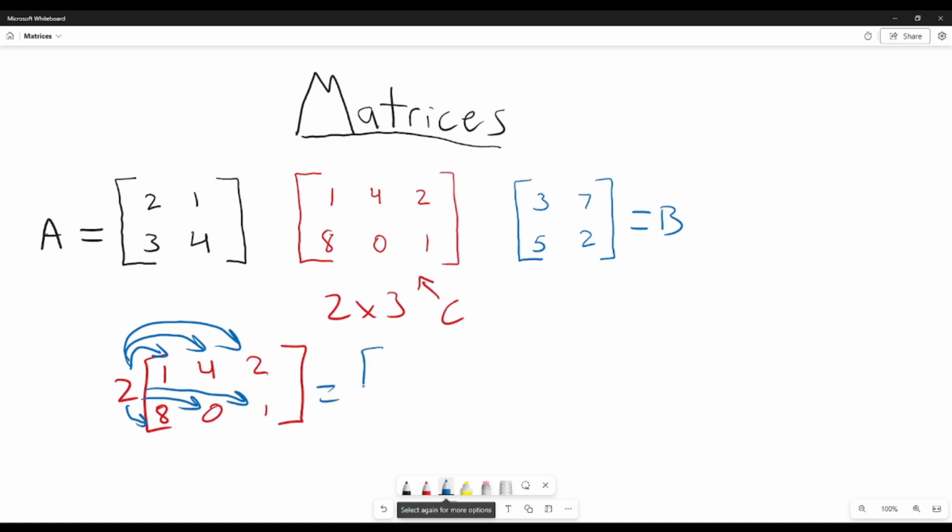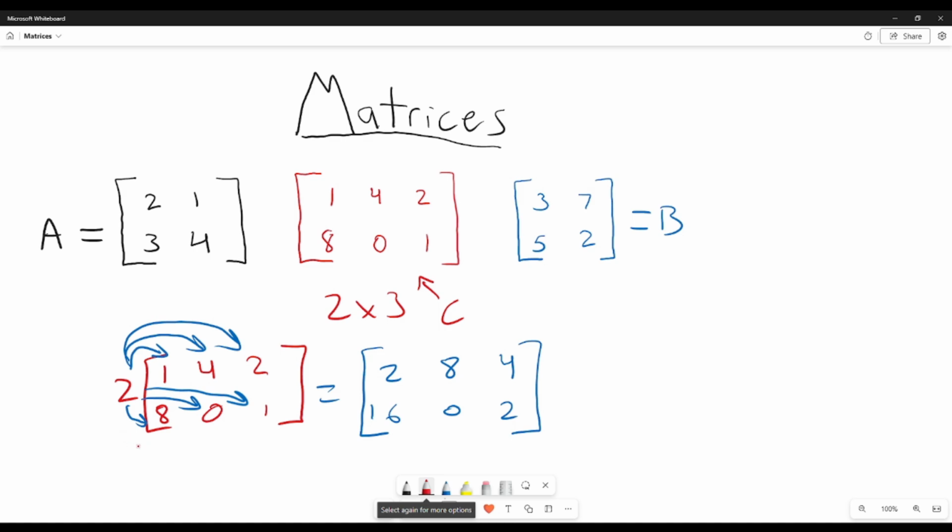And so the final matrix is going to be as follows. Pretty simple. And of course the resultant matrix is going to be the same size.